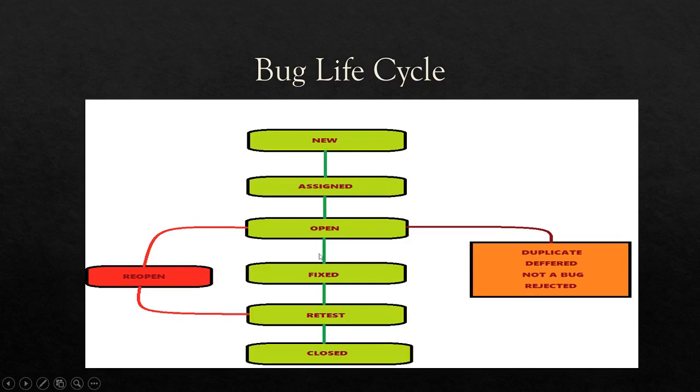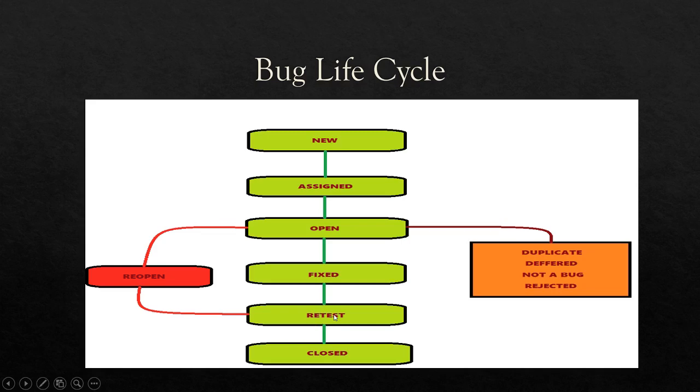Then the dev team does some analysis on it, what needs to be done to get that particular bug resolved, whether it is a bug or not, whether it is already raised or not. So after doing analysis, they perform some work on it, and then the bug is moved to the fixed section. Then the QA engineer picks that particular bug and retests it.